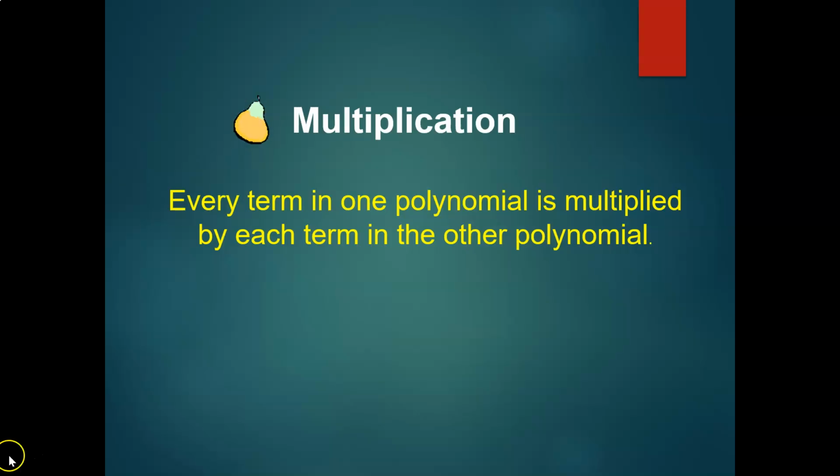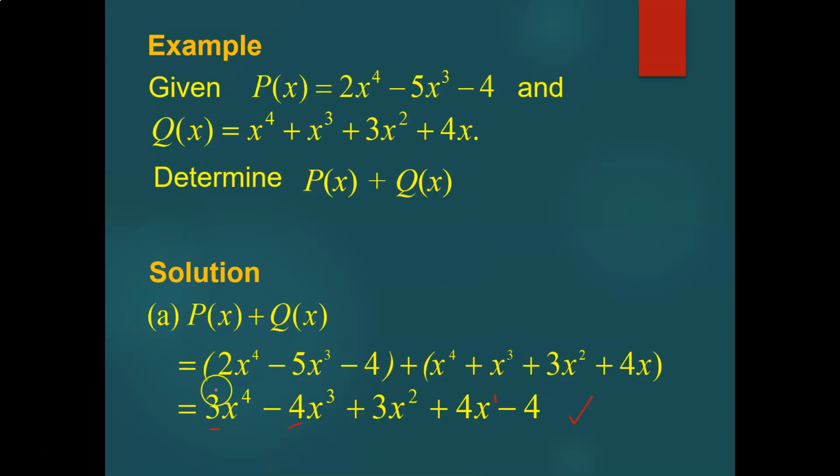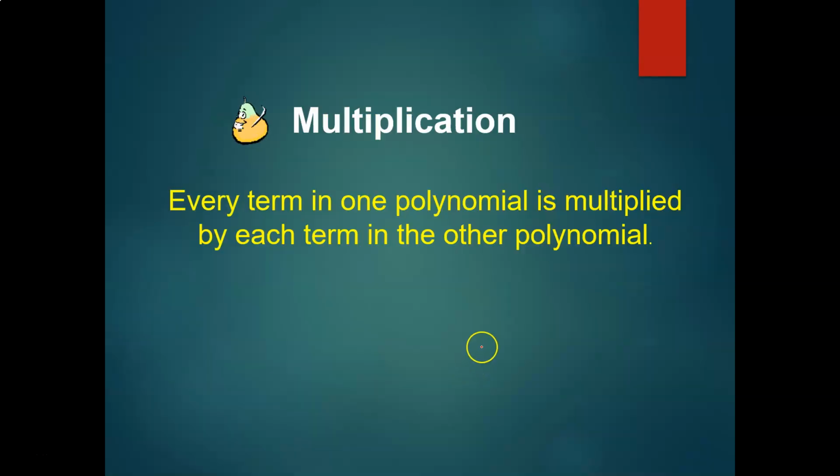Okay, now this is multiplication. Sama jugalah kalau tolak, begitu juga. Kalau ini tambah, so you cari similar term, tambahkan dengan yang similar term. And when you have subtraction, tolak, you cari yang similar term, similar power, you tolak dengan power yang sama. Okay, for multiplication, hasil darab.